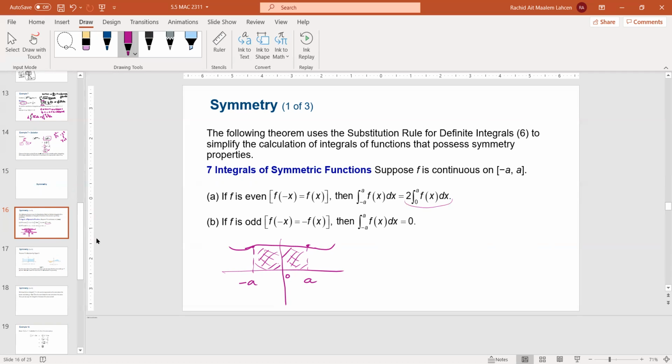So there is no need to calculate from negative a to a. You can just take 2 times one of them. If this is A1 and this is A2, A1 is the same as A2. So A1 area plus A2 area is just going to be 2 of one of them, or 2 of A2. That's it. So it simplifies.